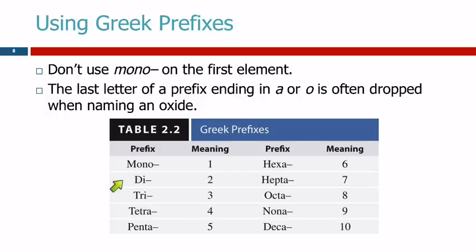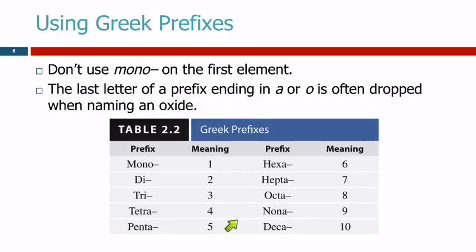So these prefixes: mono, di, tri, tetra, penta, hexa, hepta, octa, nona, deca. You may recognize some of these from geometry, right? A pentagon has how many sides? 5. Penta is a Greek prefix that means 5. An octagon has 8 sides.